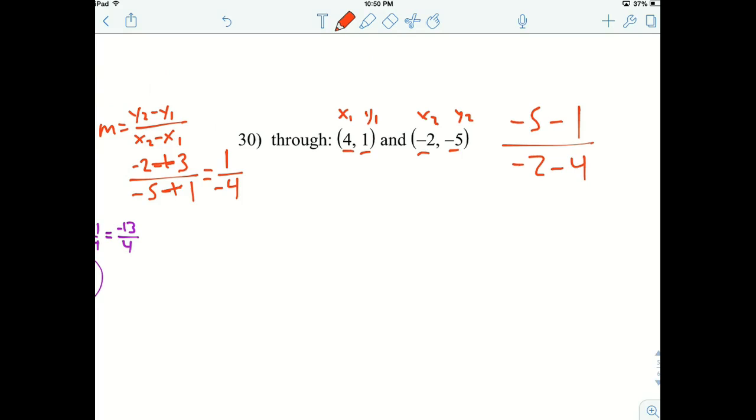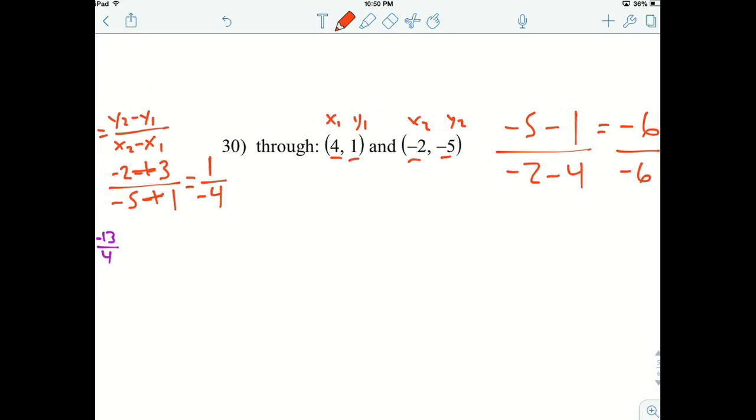No double negatives this time. On top I have a negative 6. On bottom I also have a negative 6. Interesting enough. And that's going to reduce to, since the same thing is divided by itself, just a clean old 1. So my slope of 1 is what I will use.